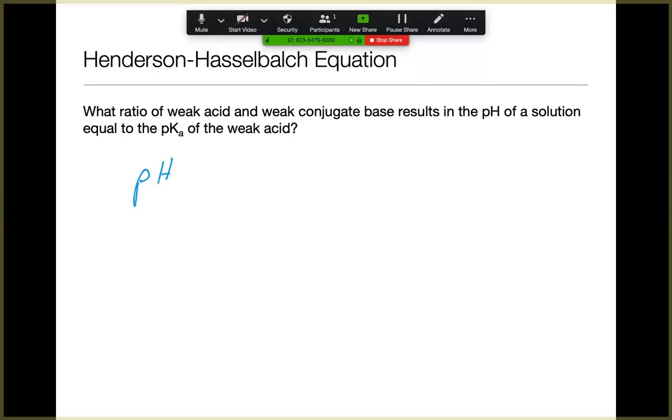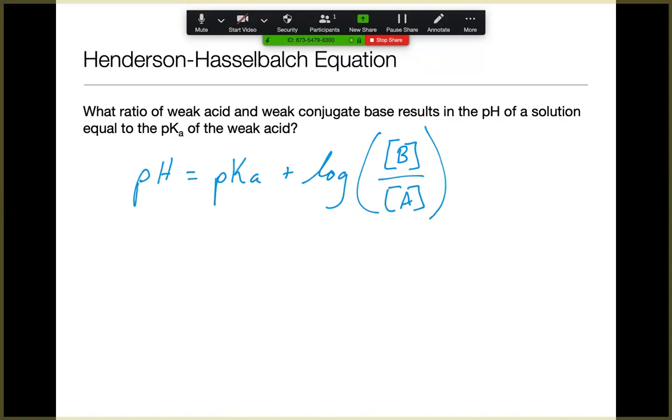We know the Henderson-Hasselbalch equation is pH equals pKa plus the log of the ratio, and I'm going to use B for base and A for acid, right? So again, it's asking me what ratio of weak acid and base, so that's my ratio here, results in the pH of a solution where these two numbers are equal.